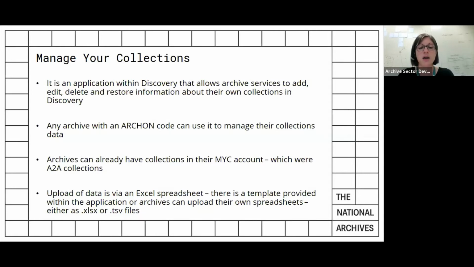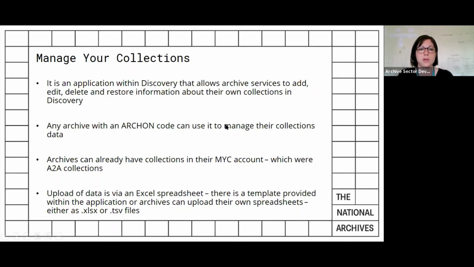So they have an online catalogue, but they export just a fonds level collection from their system, and upload it to Discovery, and they include a URL in that description which then signposts to their online catalogue. So you have a variety of ways that you can use NYC.